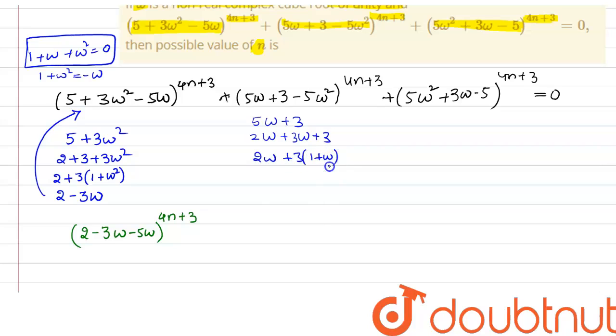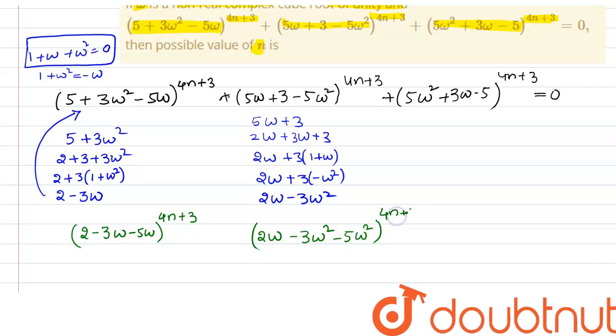What is the value of 1 + omega? 1 + omega is minus omega square. Then this can be written as 2 omega + 3 into minus omega square, which is 2 omega - 3 omega square. Can we substitute it here? Yes. If we substitute, we get (2 omega - 3 omega square - 5 omega square) whole to the power of 4n + 3.